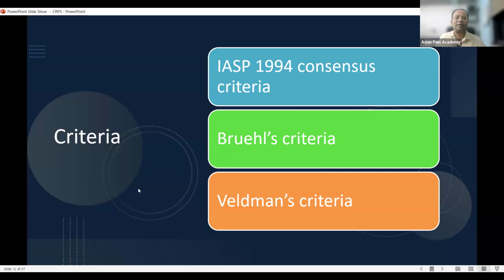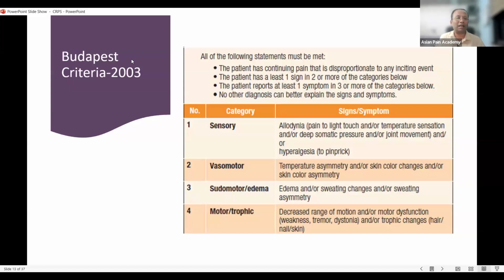Then in 1994, many criteria came to standardize the diagnosis as well as the treatment. The IASP criteria came in 1994, then Bruehl's criteria, Veldman's criteria. Many people used a bit of modification and gave their criteria. But ultimately the Budapest criteria became very popular in 2003.